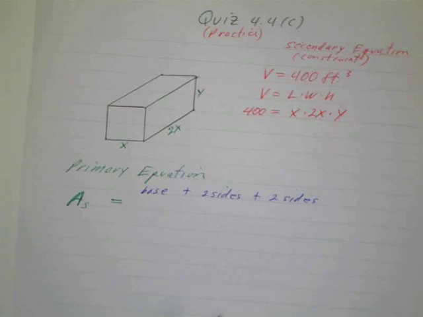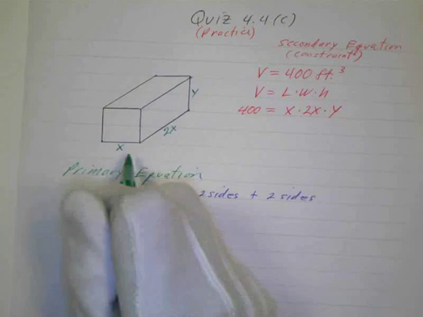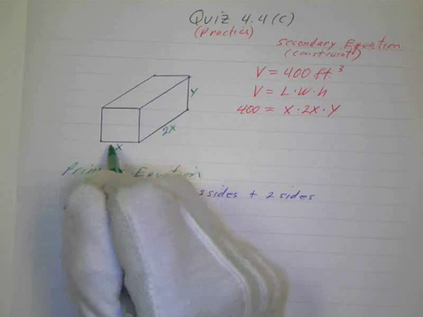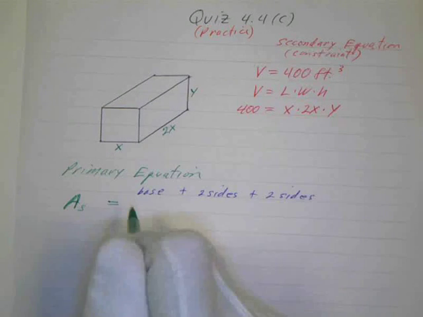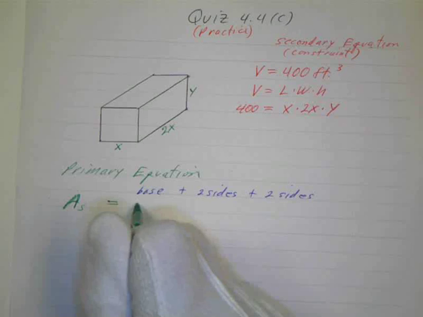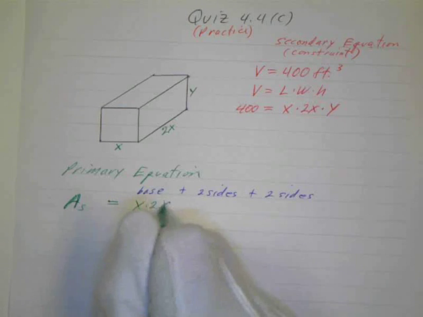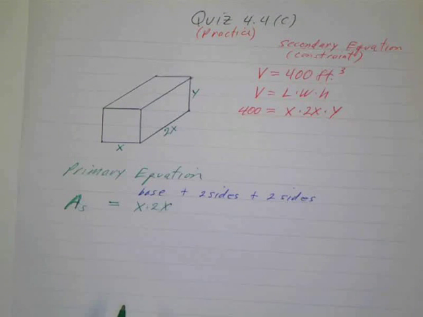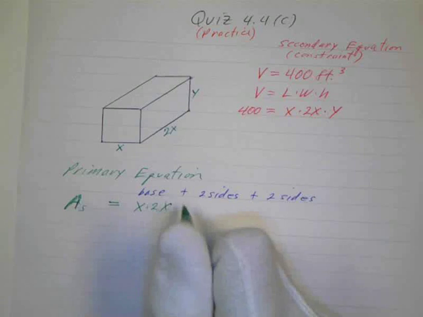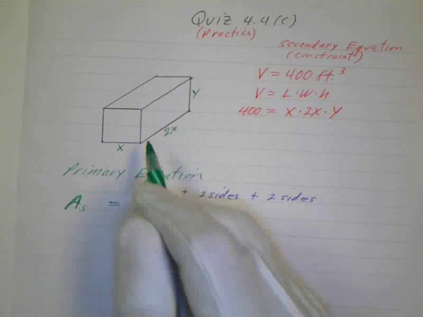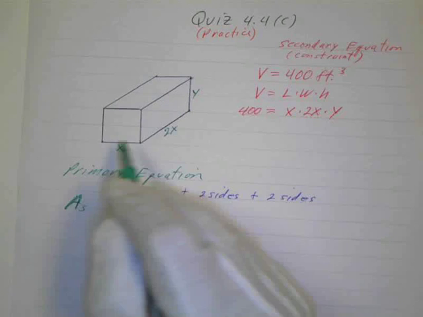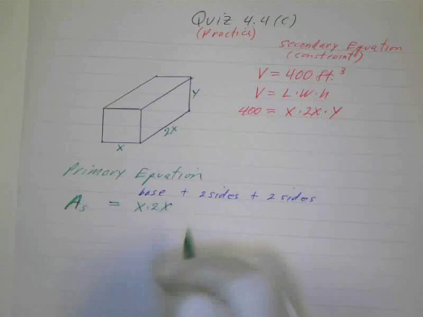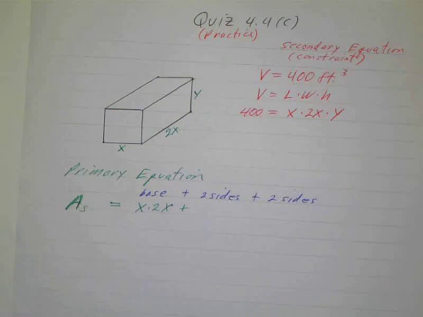And we've got the base, and the area of this base would be just length times width. This is a rectangle down the bottom. So that would be just x times 2x. And then we've got two sides that have the same dimensions, and that's going to be the front and the back, and that's going to be x by y. So we got two sides there.